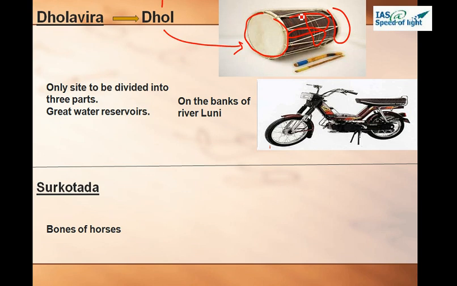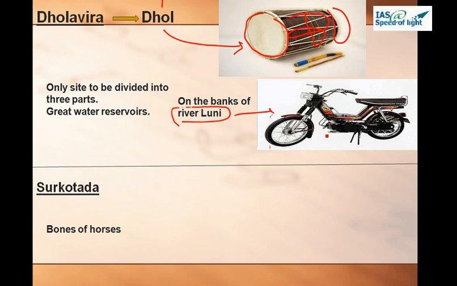Okay. On the banks of a river Luni. You remember river Luni? We studied. So our picture was of Luna, right? A very old moped which now nobody uses actually.